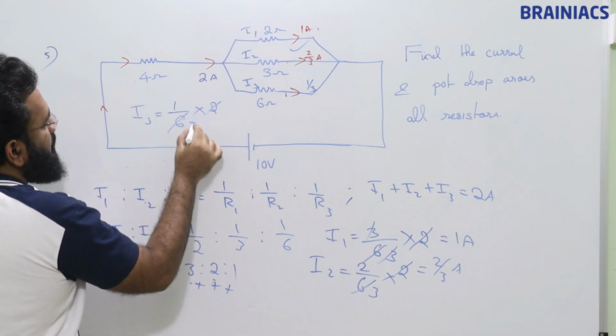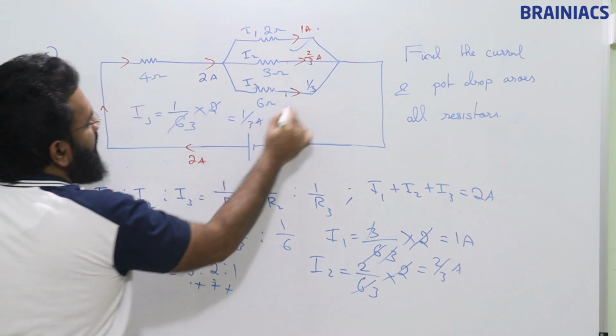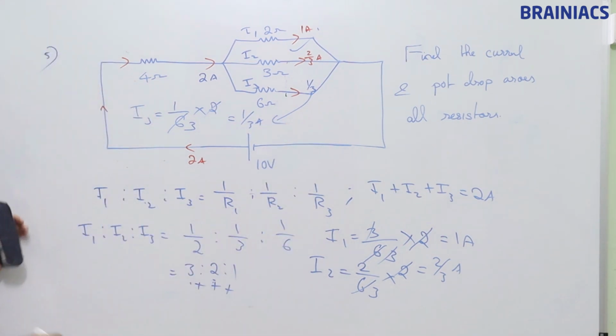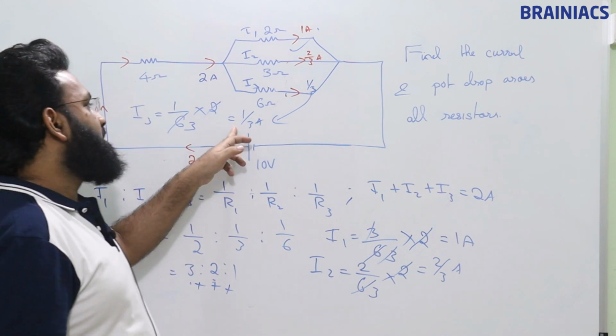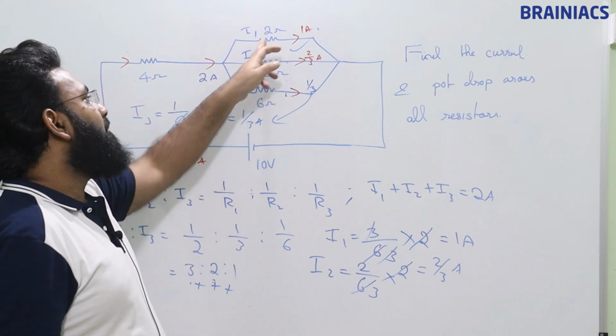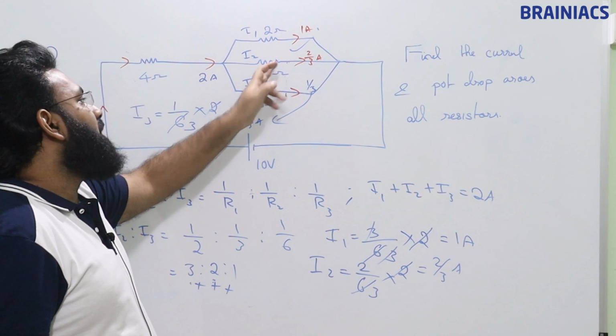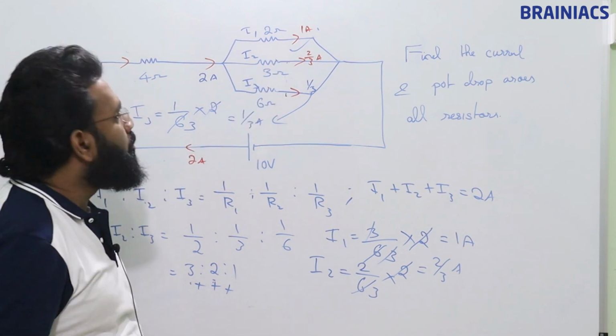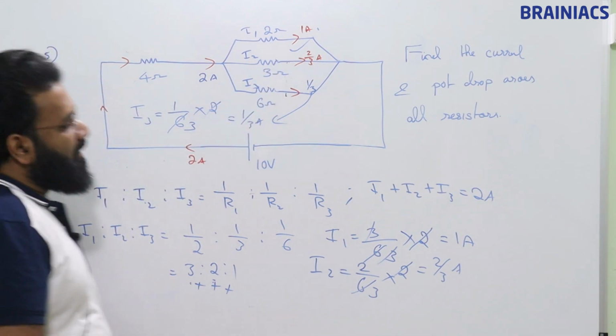So this is going to be 1 by 3 ampere. So this is also correct. Okay, so in this way we can find the currents. Once we find the current, V1 is nothing but I1 into 2, V2 is I2 into 2, V3 is I3 into 3. Likewise we can find the voltage also.